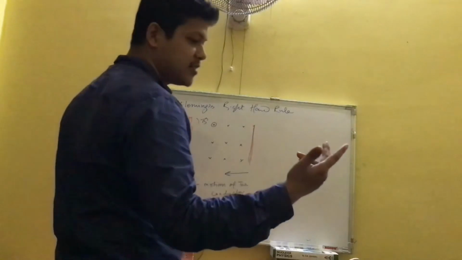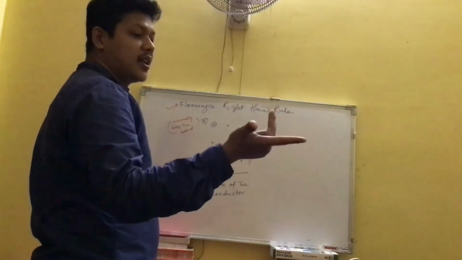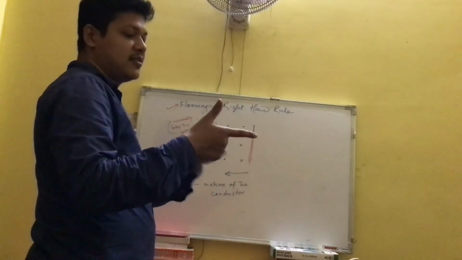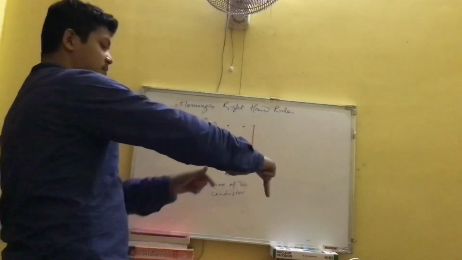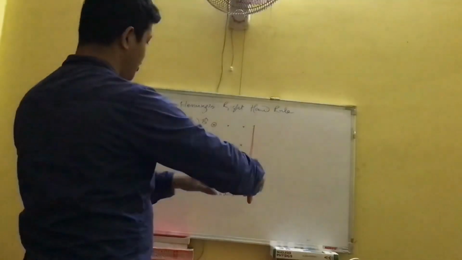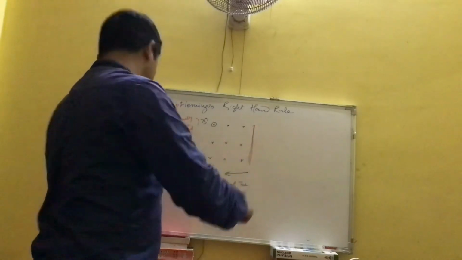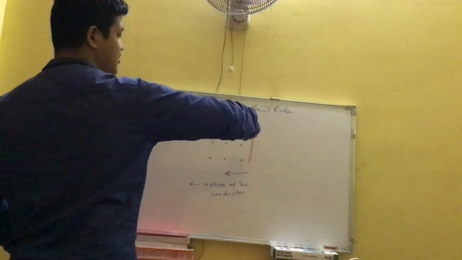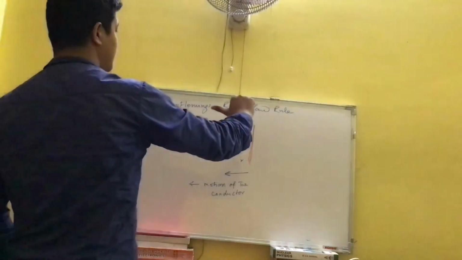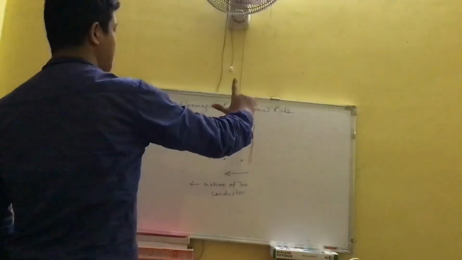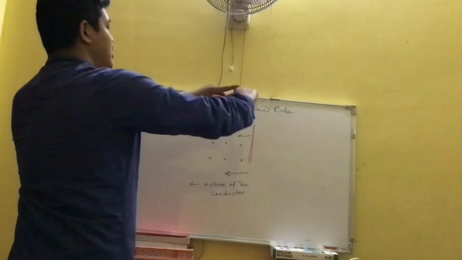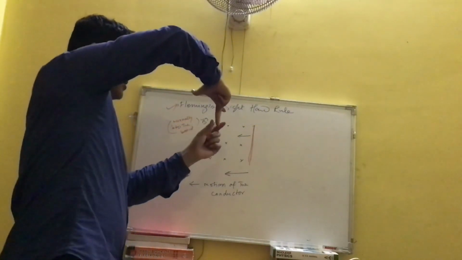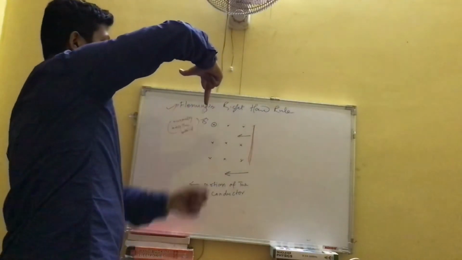Take your right hand and stretch three fingers, spread mutually perpendicular: the thumb, first finger, and middle finger. If the thumb points towards the motion of the conductor, which is being moved in this direction, and the first finger points towards the magnetic field, that is into the board, then the middle finger will point towards the induced EMF.